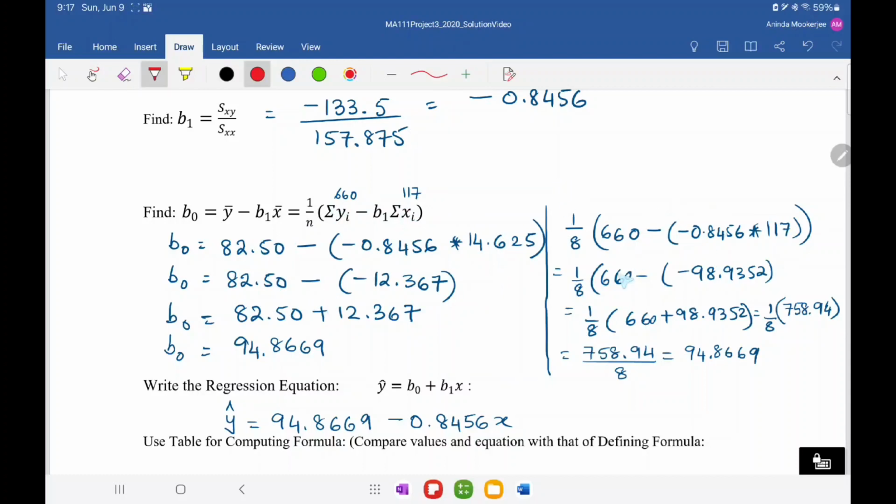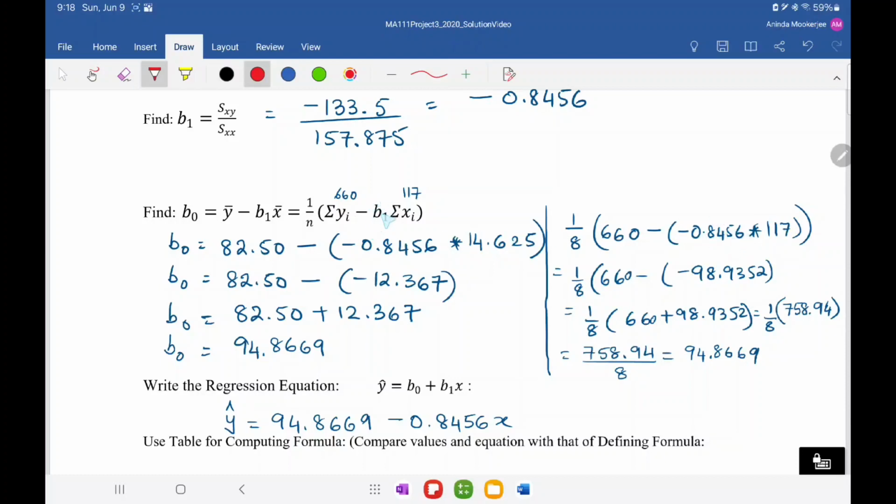And then on the right-hand side, I used the other formula given to us, 1 divided by n. So n was 8, so 1 divided by 8. And then sigma y was the sum of all the y values that we used to find y bar. So 660, that's where the value comes from. And then b sub 1 is the value of the slope that we just found, negative 0.8456.